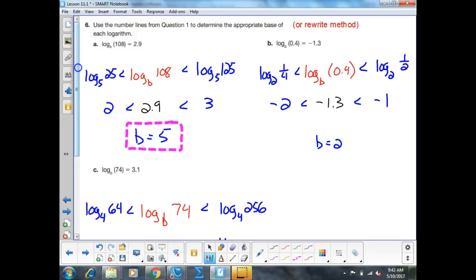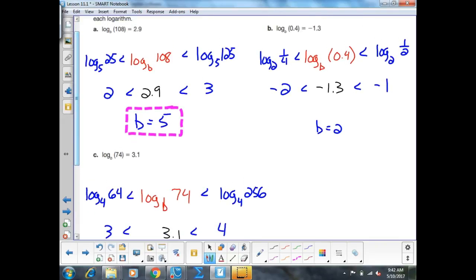If I went with a base of 3, then that would be log base 3 of 1/9, because that gets me my -2, and log base 3 of 1/3. 1/9 is 0.11111 and 1/3 is 0.33333.